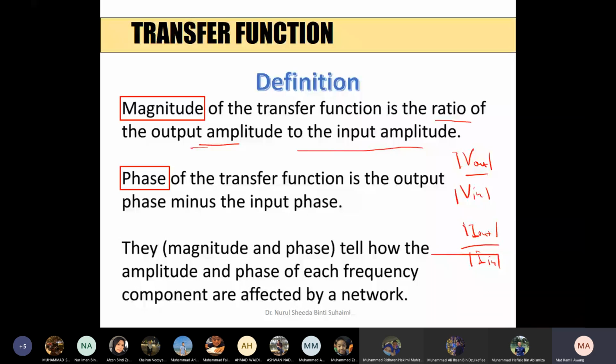Whereas the phase of the transfer function is the output phase minus the input phase. So this is minus, whereas the magnitude is the ratio. Ratio is for the magnitude, and the difference is for the phase. So you have the phase of the output minus the phase of the input.